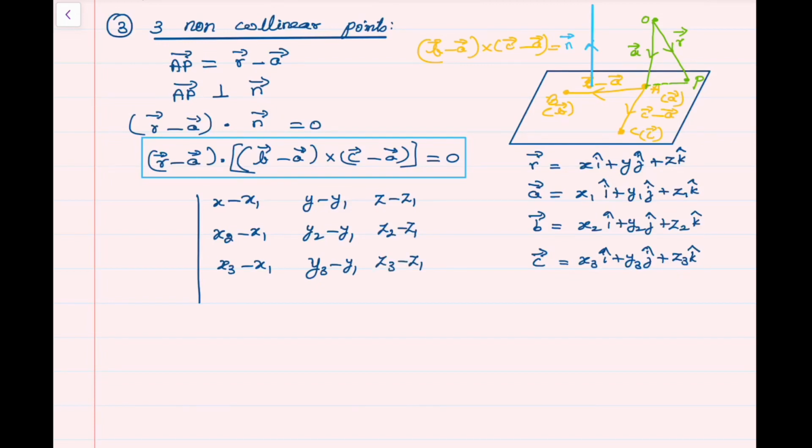And don't forget to write equal to 0. This is the Cartesian equation of a plane passing through three non-collinear points.